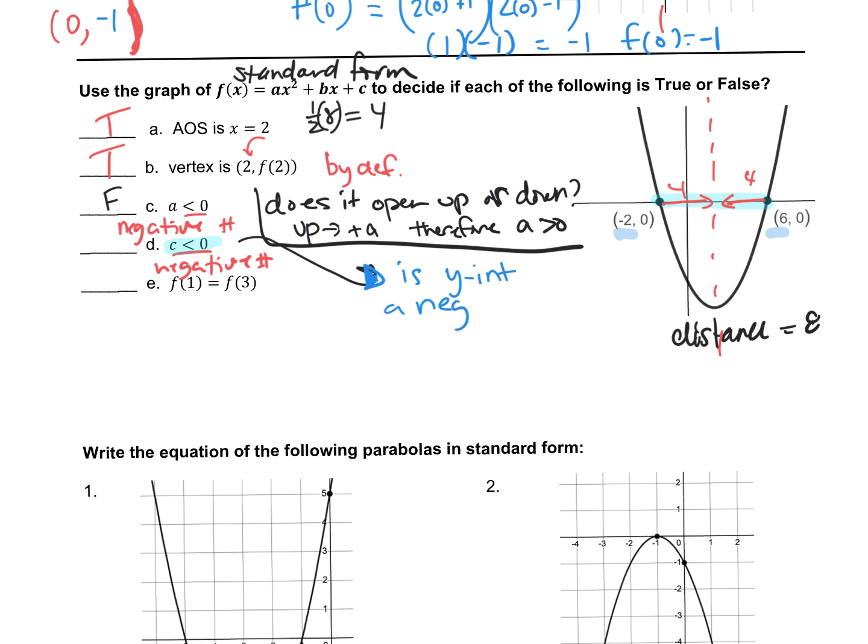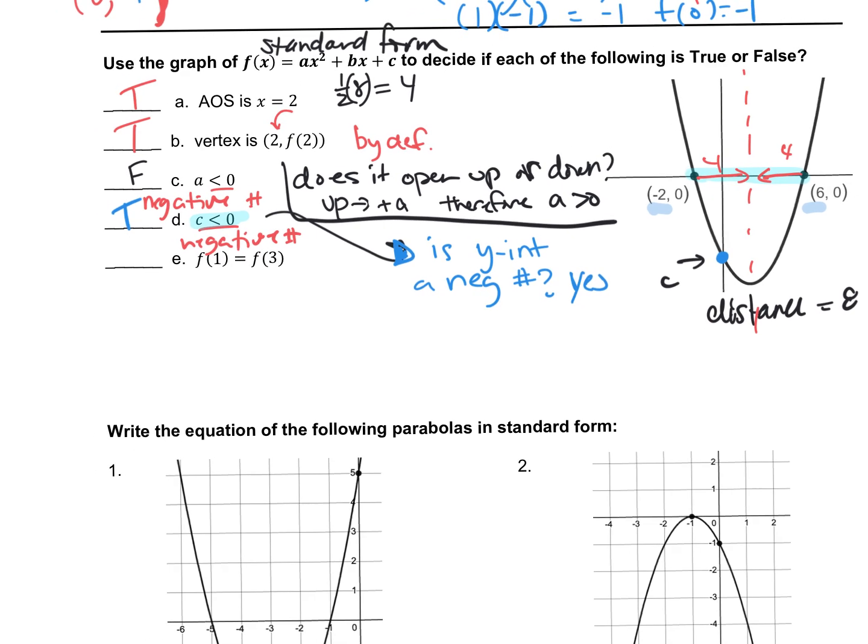The answer is yes. So therefore, this has to be true. But look at the graph. Here's C. That's C. That's below in the negative numbers, so therefore it is true.